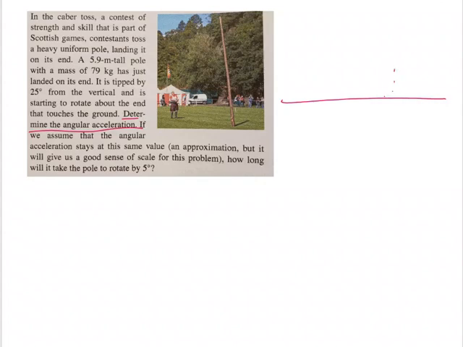So here is vertical. Here's our pole. This is 25 degrees. Okay, this is 5.9 meters tall. So let's choose a color here. This is 5.9 meters.